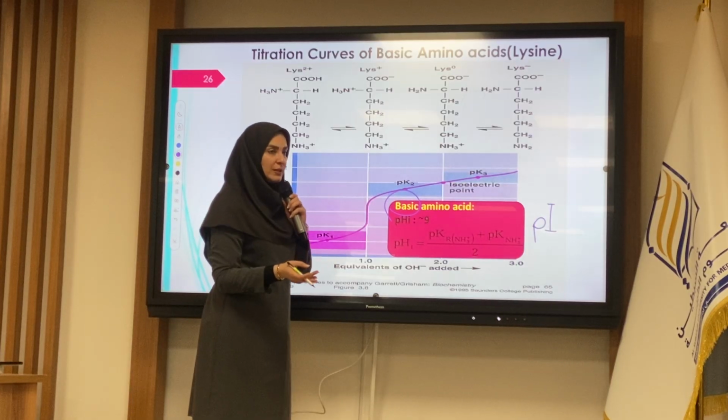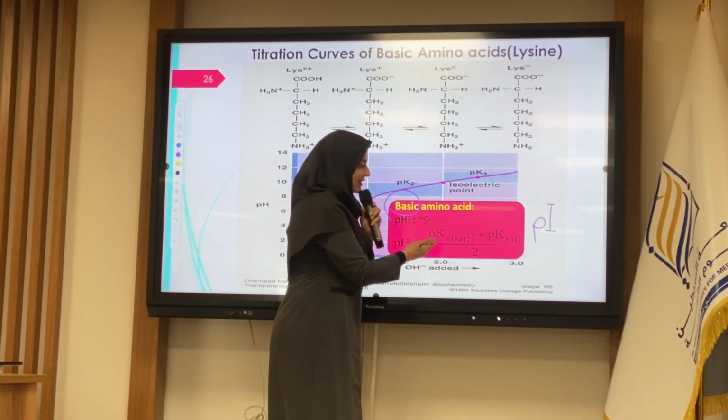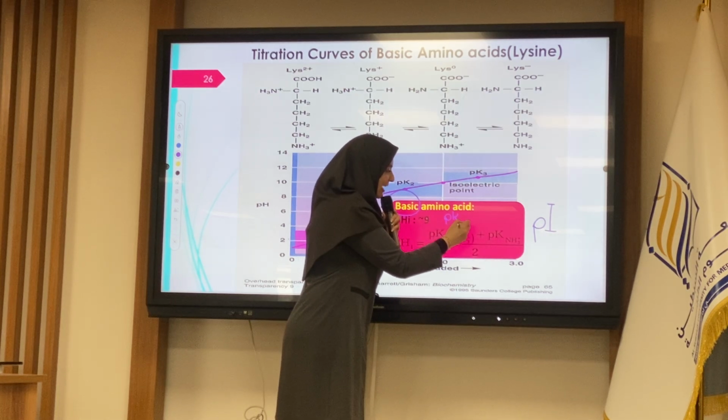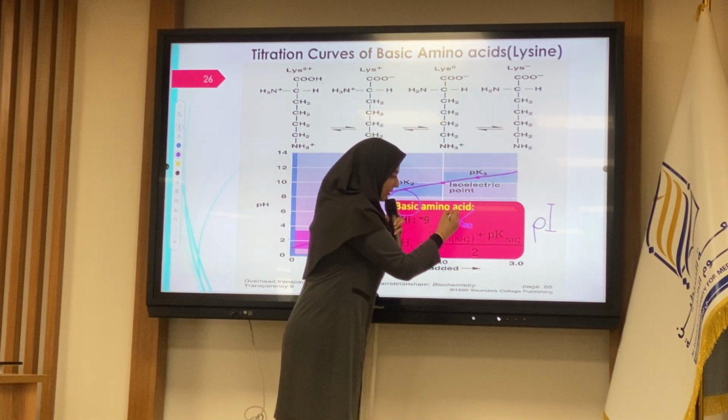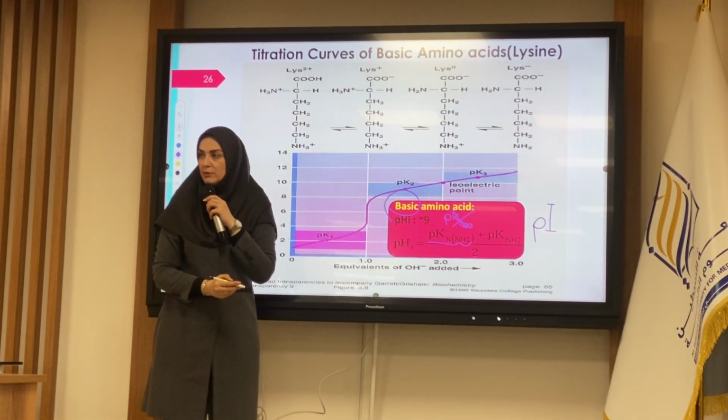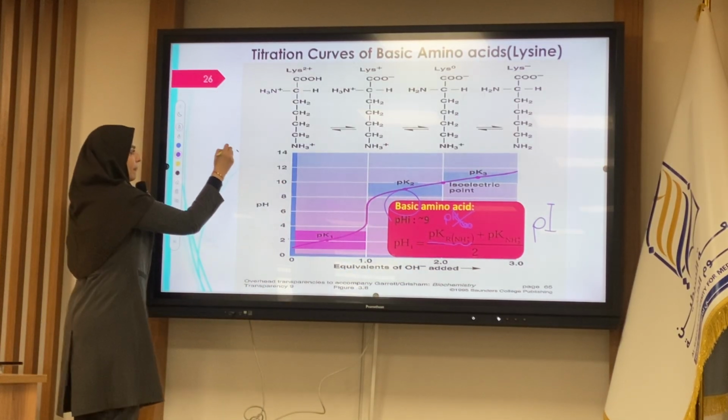How can I calculate? As you can see here, instead of the pK of carboxyl, you should put the pK of your R group.